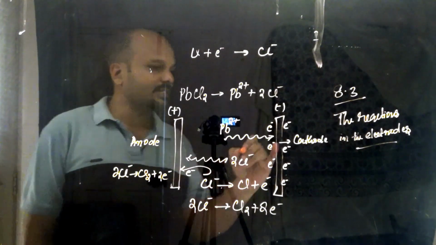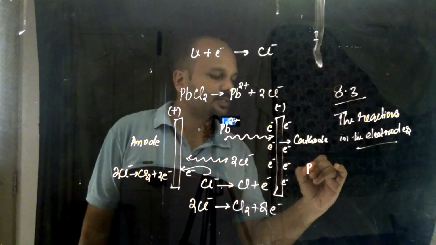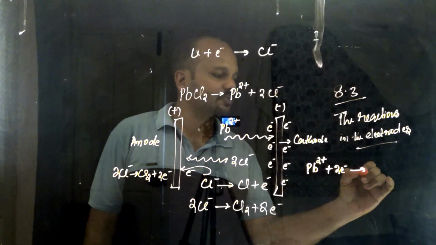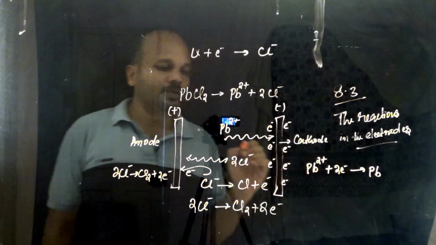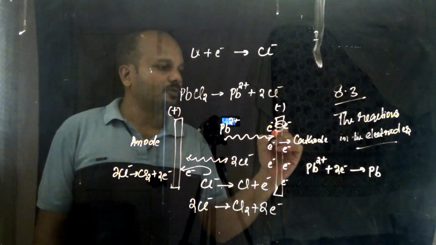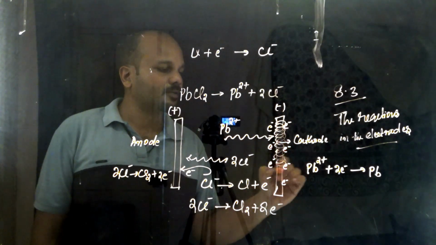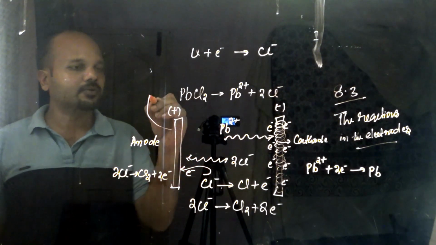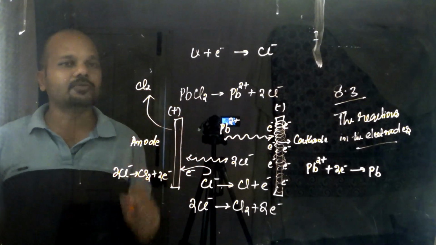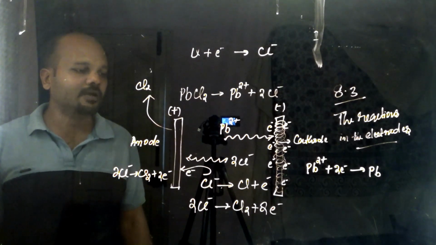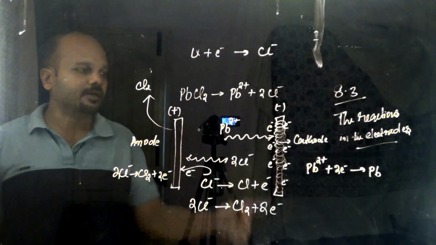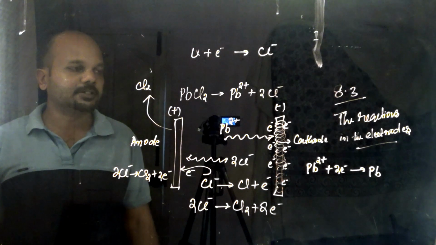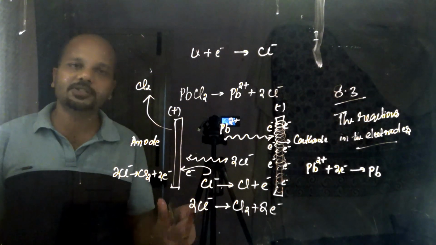And in the cathode side, this Pb2+, when it accepts 2 electrons, becomes lead. So on the surface of the cathode, lead deposition will happen, and through the anode, chlorine gas will be released. Okay, so this is the process.